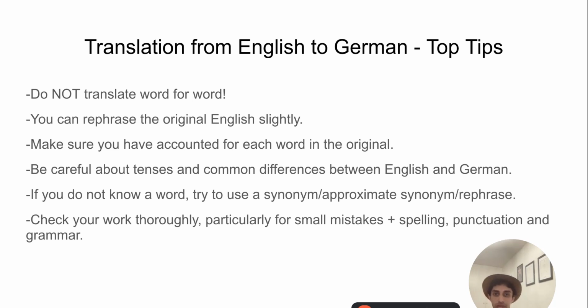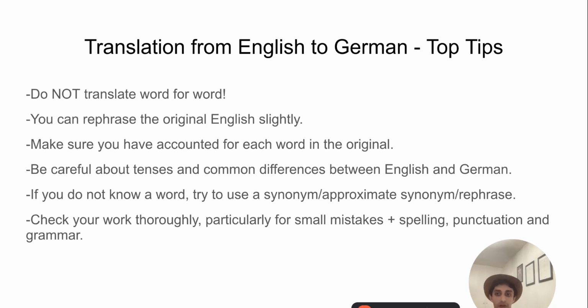Again, the most important thing is conveying all the meaning and information that was there in the original. So even if you do have to rephrase it or use an approximate synonym, something that doesn't exactly mean the same thing but is kind of there, you can certainly get credit. You might well not be penalized for that.